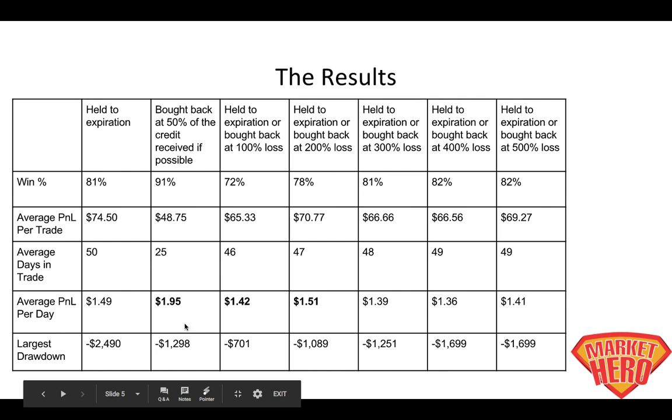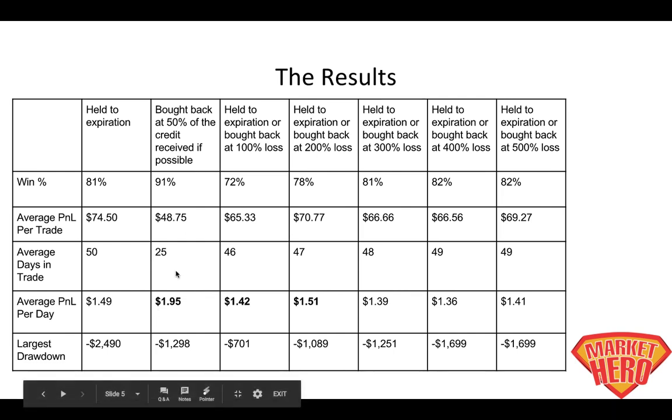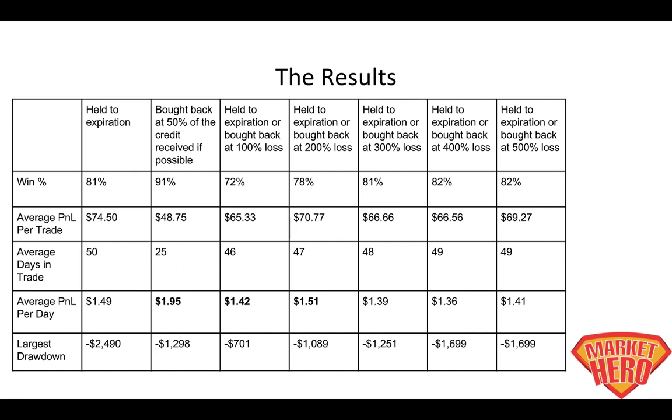However, you make about 40% more money per day, and you're in the trade for half the time. So, redeploying capital. When I look at this, a few things happen. Number one, clearly just managing your winners is the most profitable strategy by far, by at least 33%.